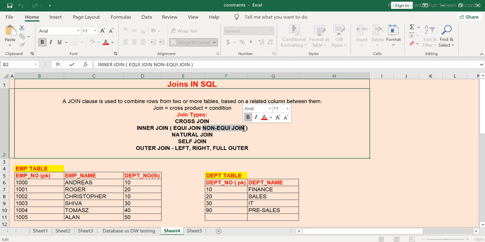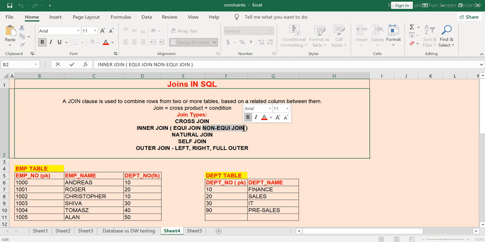So these conditions ensure what kind of join it is. And obviously the keyword will play a major role. So we have inner join, outer join, etc. We have to write them because those are the ANSI standard.